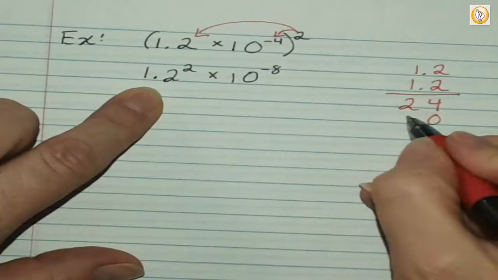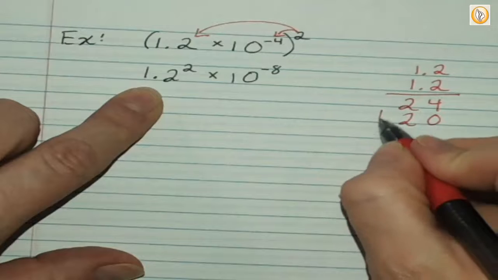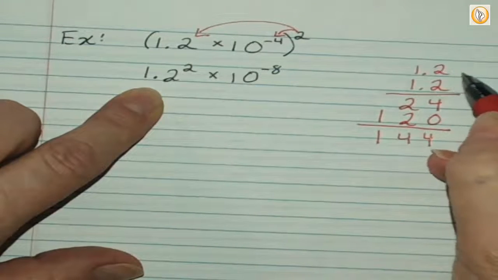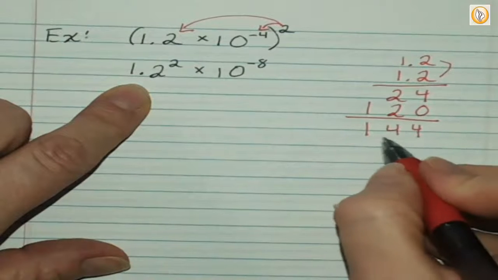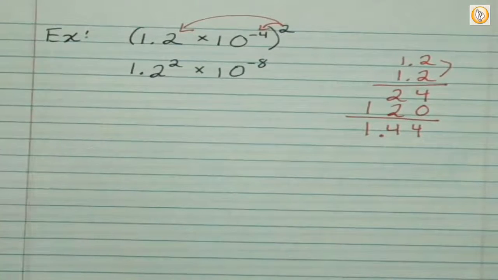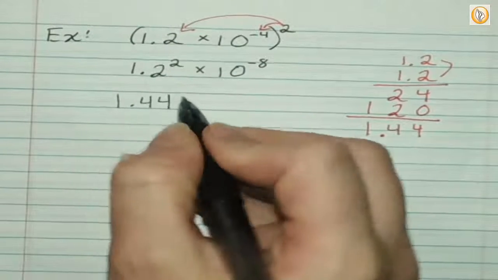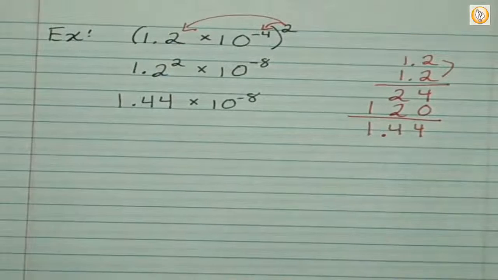What's 1 times 2? 1 times 1? I get 144. How many total places in the problem? 2. So then we go 2 places here. So then I have 1.44 times 10 to the -8.